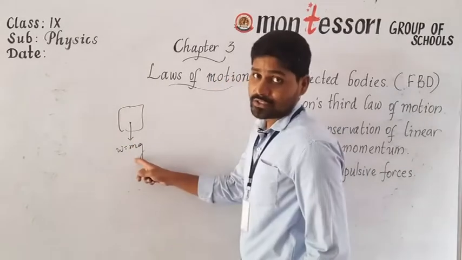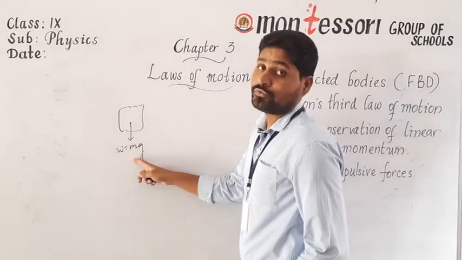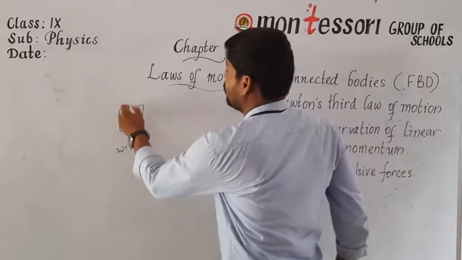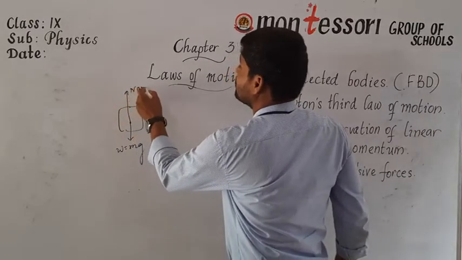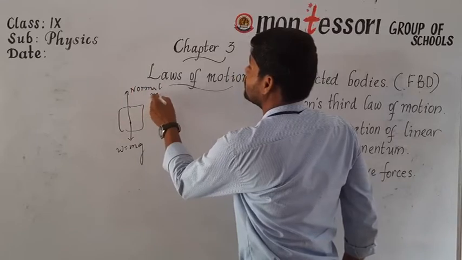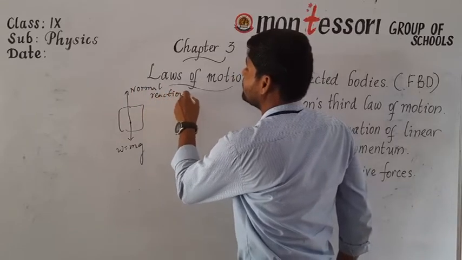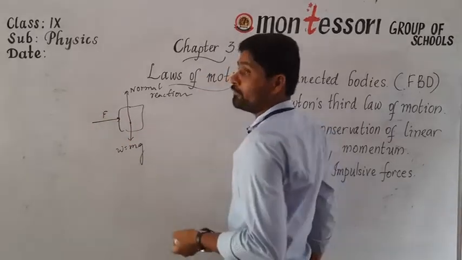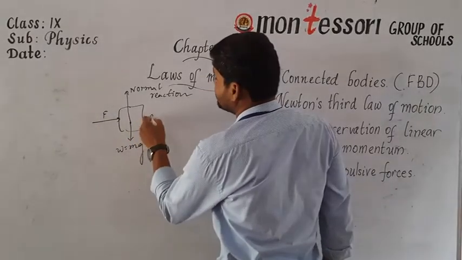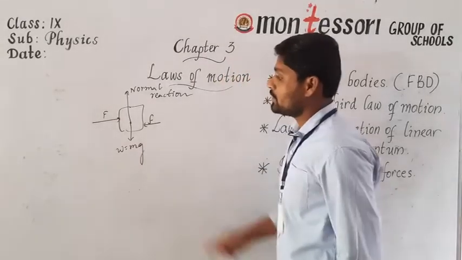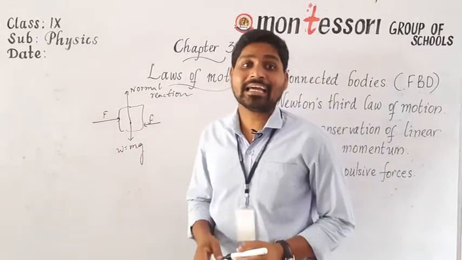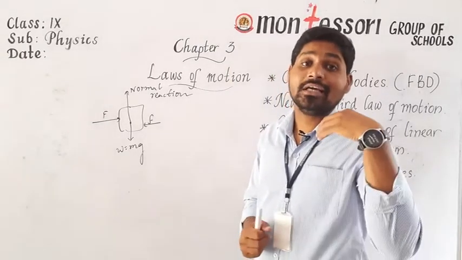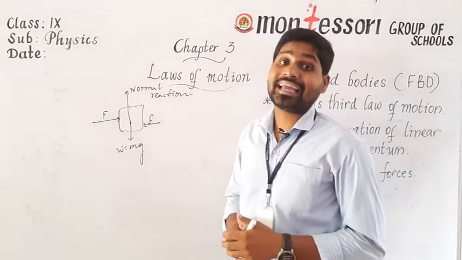In order to balance this weight, one more force acts perpendicular to this plane, that is the normal reaction, and the applied force F. Opposite to the applied force, the frictional force is there. This is what we call FBD.